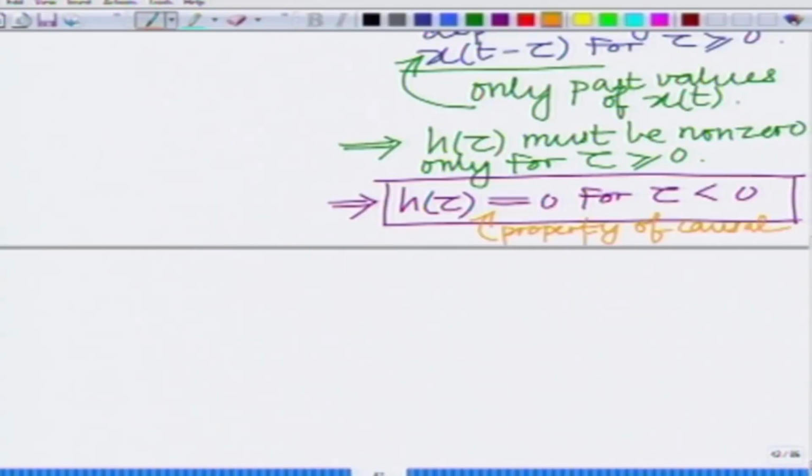This is the property of a causal LTI system.